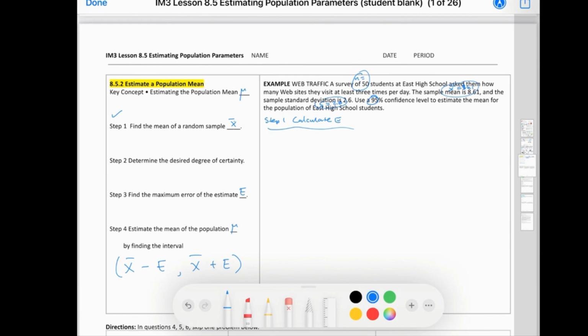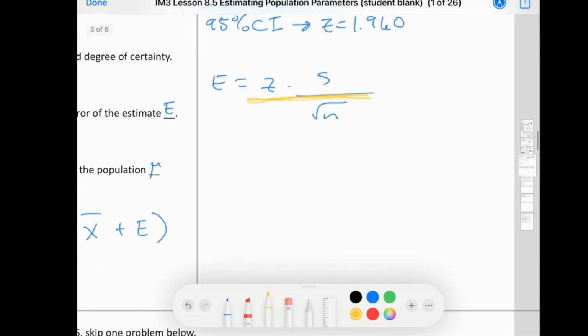So a 95% confidence interval gives me a z-score of, look back at our chart, and our chart says 95% is 1.960. Okay, so we got that. Now I need to determine E. So E equals z times s over the square root of n. And remember we talked about just make that fraction bar really long.